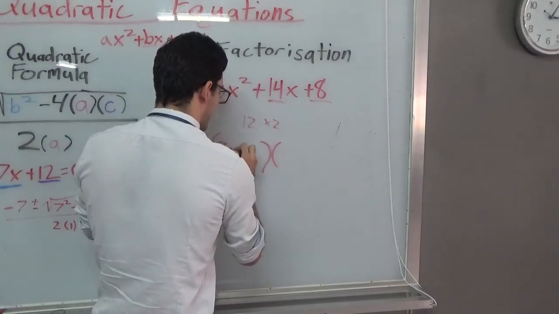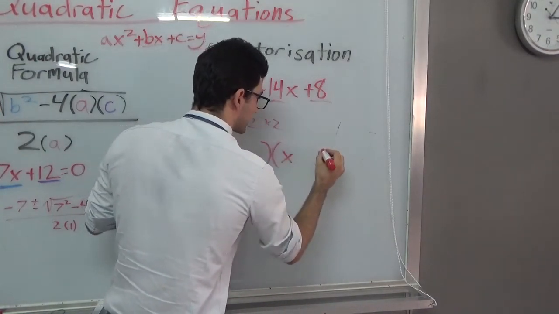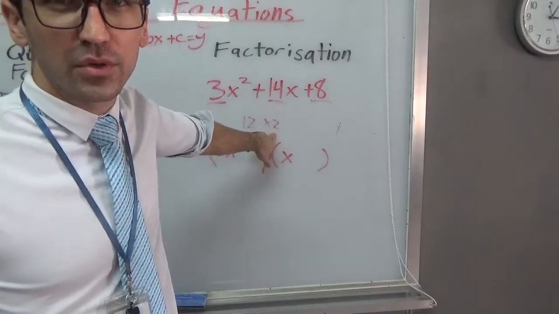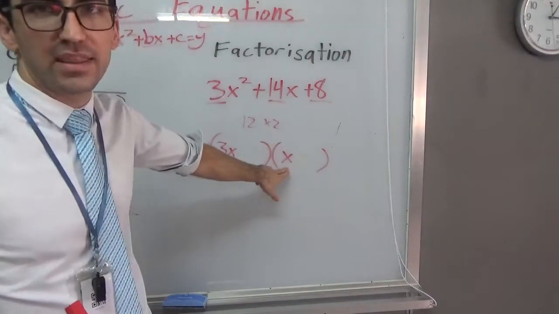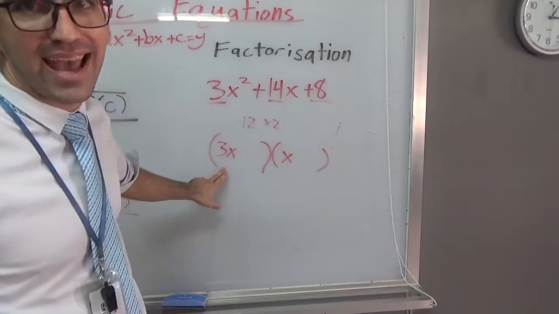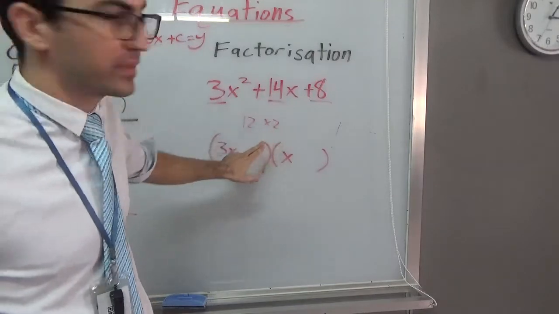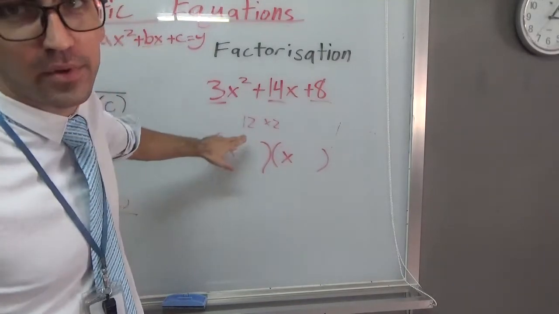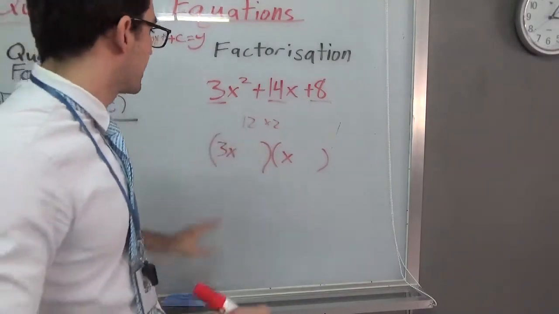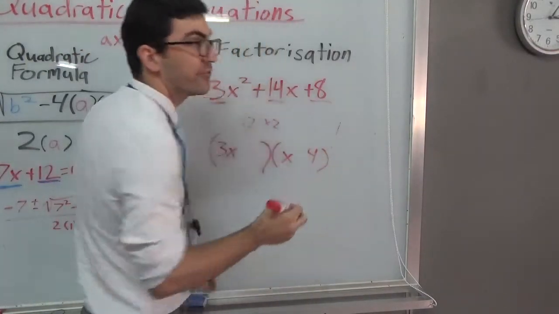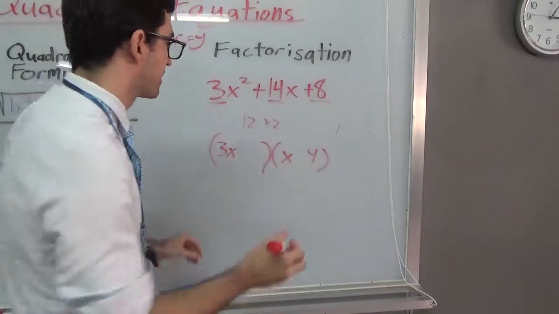I'm going to put 3x here, I'm going to put x here, and now I have to somehow make 12 and 2 using this x and this 3x. Well, the 3 can't multiply by anything to become 2, but the 3 can multiply by a number to become 12. So this 3 will have to multiply with a 4 over here.